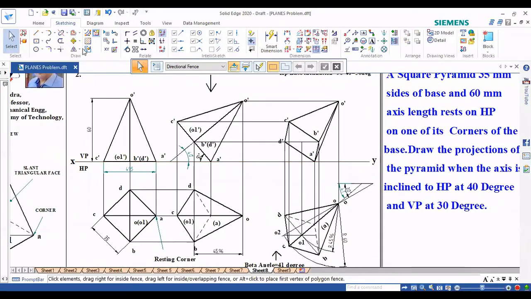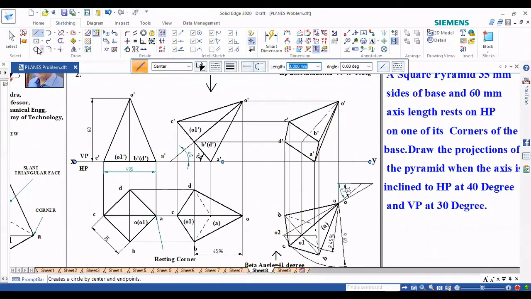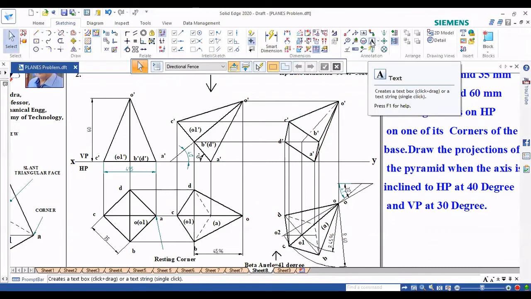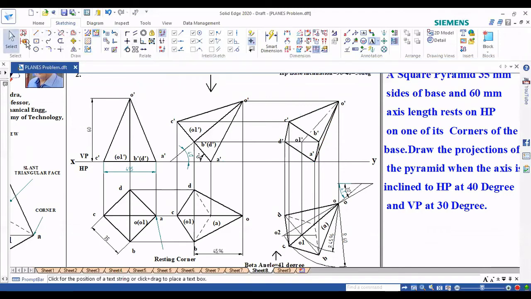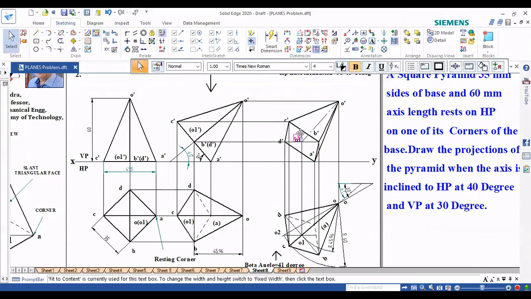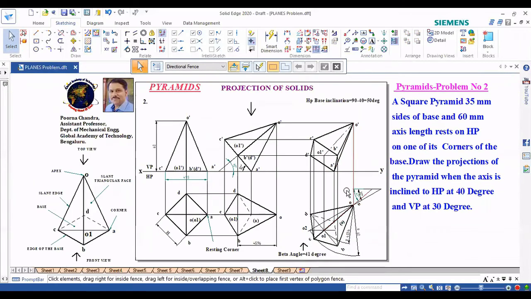Then I need to draw the center axis from O1 to O, right? But this O1, since the base is completely visible, O1 is also visible. So I can name it as O1 dash. Okay. So now, if you check, this is how the problem ends.